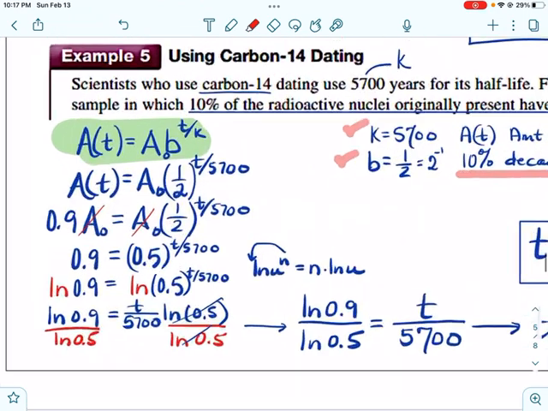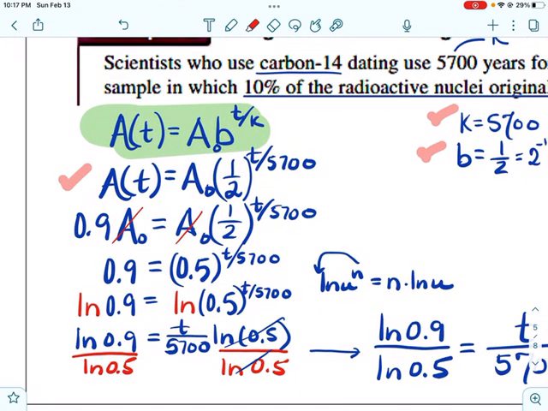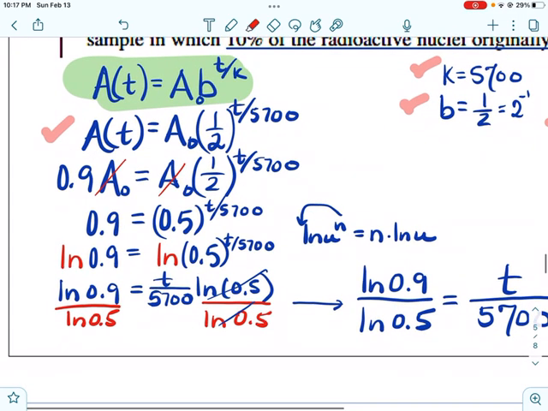When we work this out, here's my equation. I plugged in my k value and my 1/2 for the base. I say 90% of my original is equal to the original times 1/2 to the t over 5700. Then I divide out the A sub 0, and I get 0.9 is equal to 0.5 to the t over 5700.